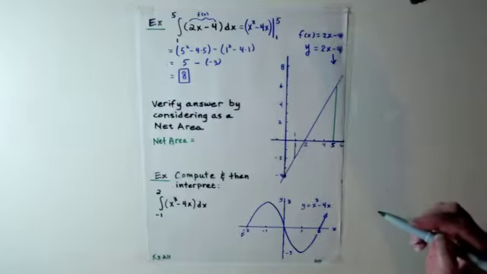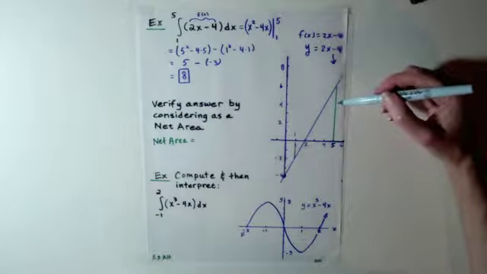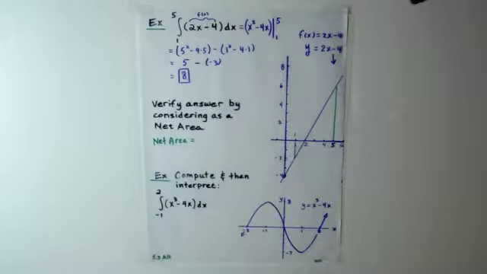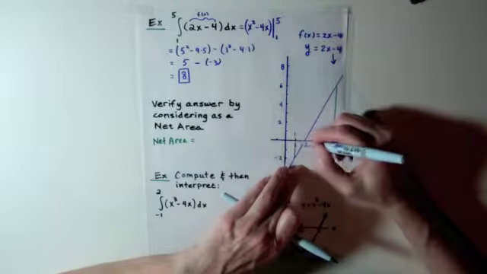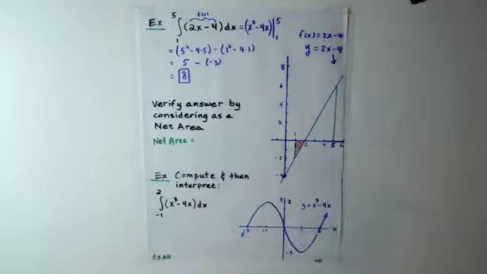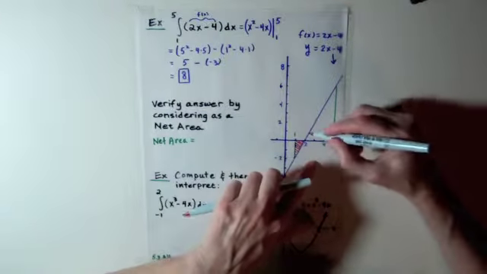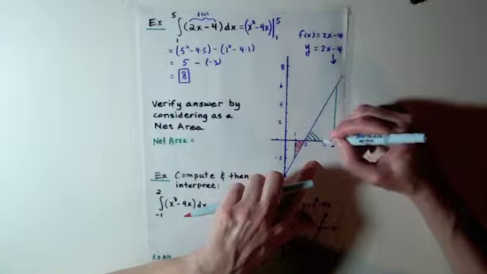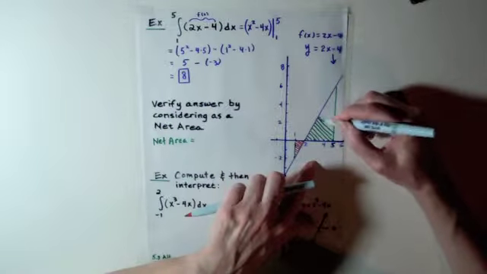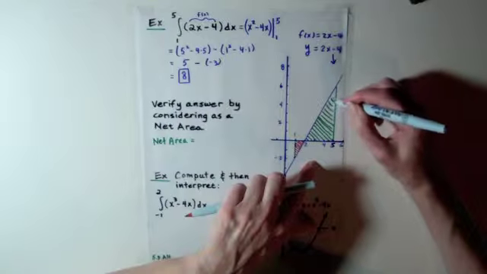Well, it's going to be the area of the portion that's above the x-axis minus the area of the portion that is below the x-axis. I can see from 1 to 2 that I'm going to have a triangular area that is below the x-axis, and that from 2 to 5 I'm going to have another triangular shaped region that lies above the x-axis.